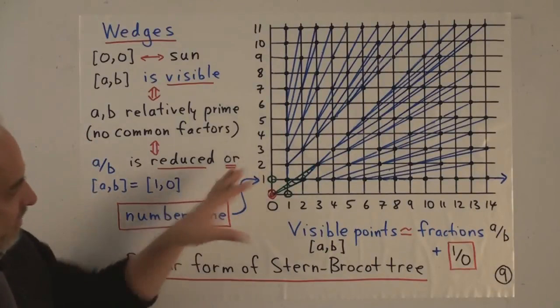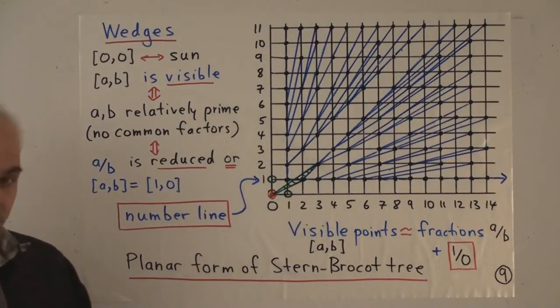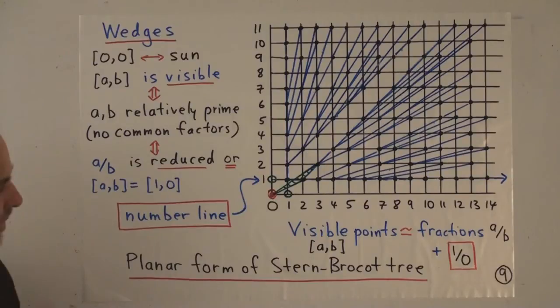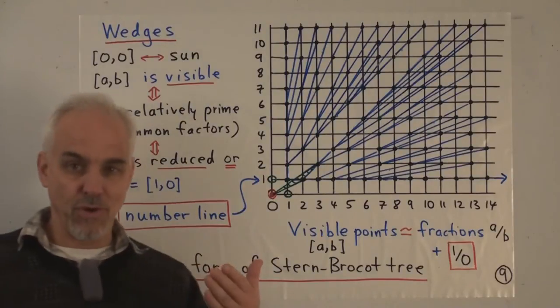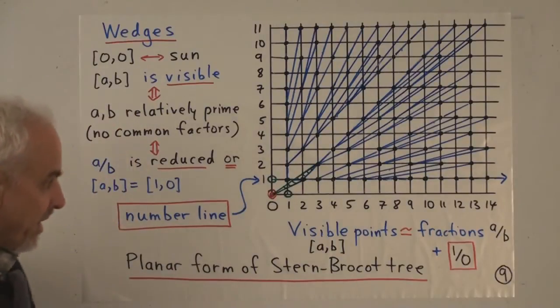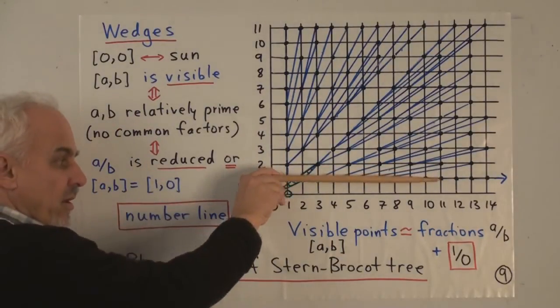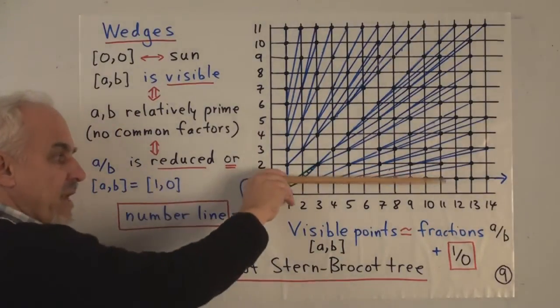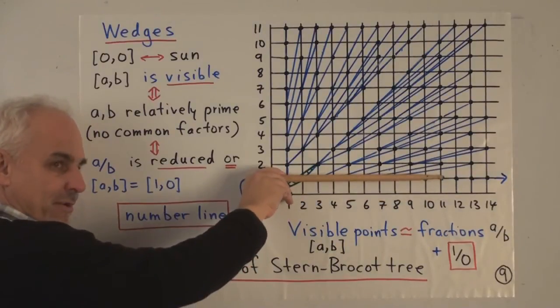We've talked about this representation of rational numbers earlier in this series, and I remind you that we can connect that with our usual notion of rational numbers in the following way, by thinking of this line here, the line where y equals 1, as being the number line, not this one here, this one here.